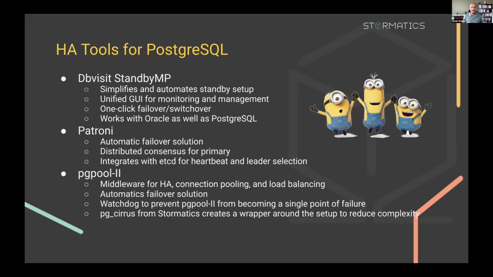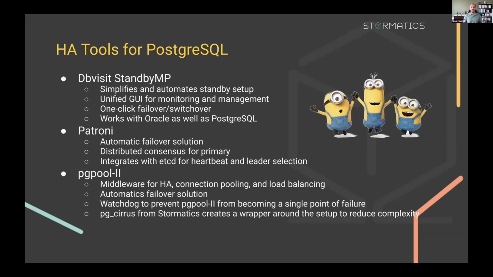And the last tool in this list is pgpool2. It not only implements clustering, replication, and failover, it also implements connection pooling and load balancing. So when we looked at that 3-node cluster where you can write to the primary and read from the standbys, pgpool will help you implement that in an automated fashion.